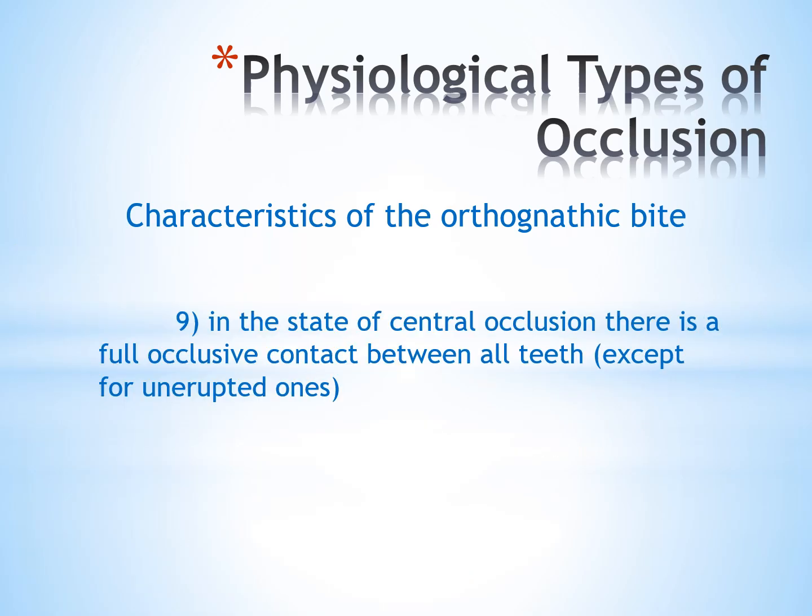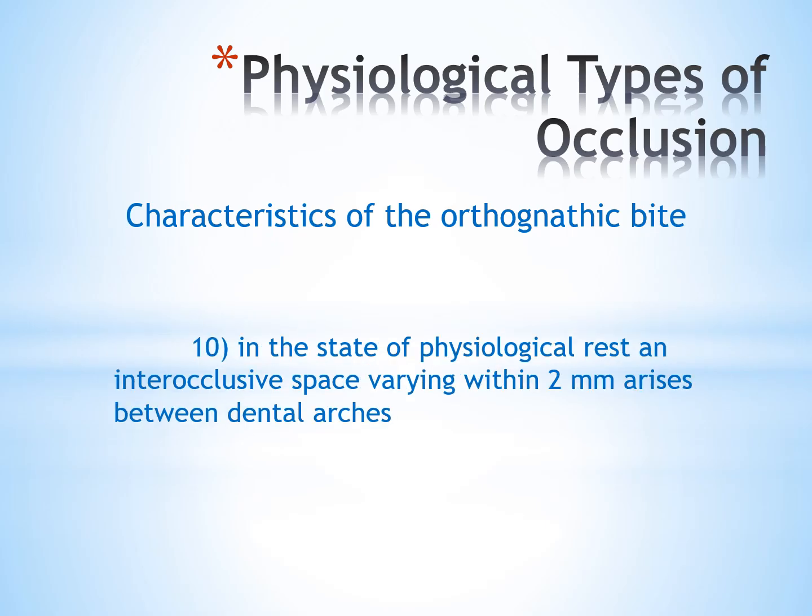Ninth characteristic of the orthognathic bite: in the state of central occlusion, there is full occlusive contact between all teeth, except for unerupted ones. And the last characteristic: in the state of physiological rest, an interocclusal space varying within 2 mm arises between dental arches.